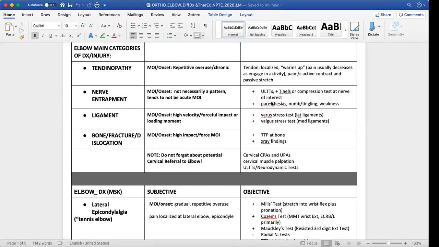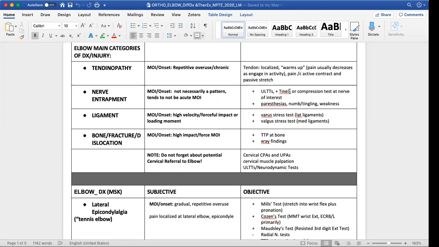However, some of our objective findings can give us clues to whether this is a neural tissue issue or nerve entrapment issue. Some of these tests are the characteristic upper limb tension tests for the median, ulnar, and radial nerves.